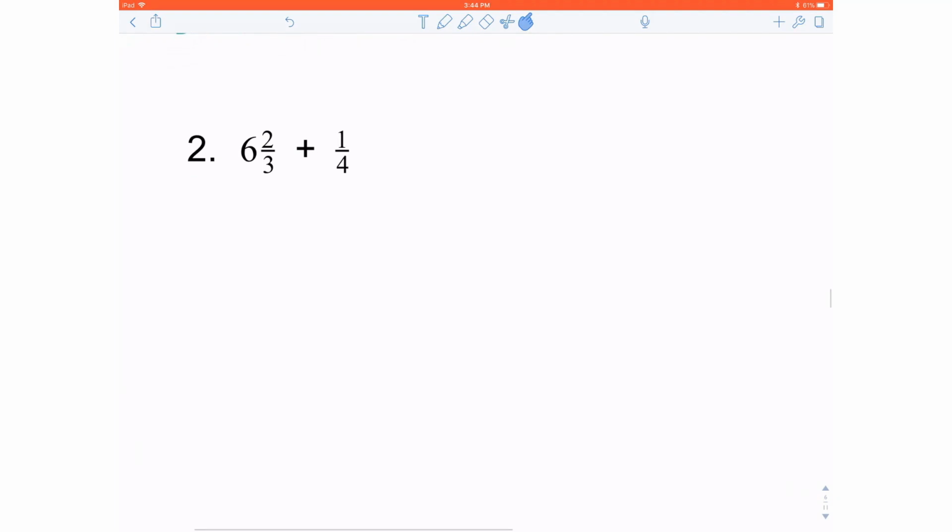As a matter of fact, why don't you give this one a try on your own? Remember to separate the fraction and the whole number, and I'll go over it with you in just a second.